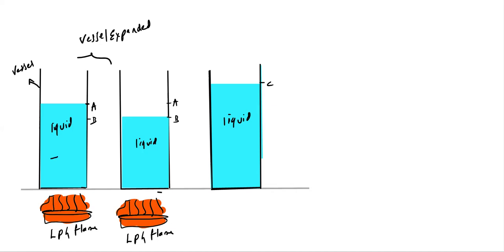This is the initial temperature, say T1 degree Celsius. There is a final temperature T2 degree Celsius. Now the liquid expands. So I'll do marking. This is A, this is B. This BC will be the real expansion.